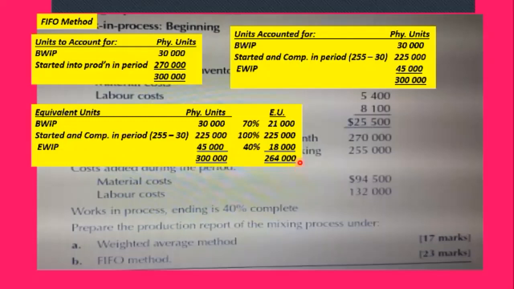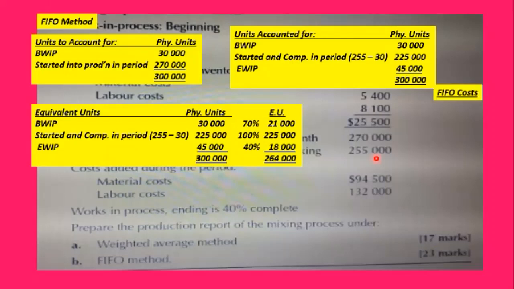This is not divided up into materials, labor, and overhead. They could do that, as well as they could ask you to divide it up into materials and conversion costs. Conversion cost is the labor and the overhead lumped together. Okay. Next, we look at the costs. The FIFO costs zero from here because we are only including the work done in our period and the costs incurred in our period.